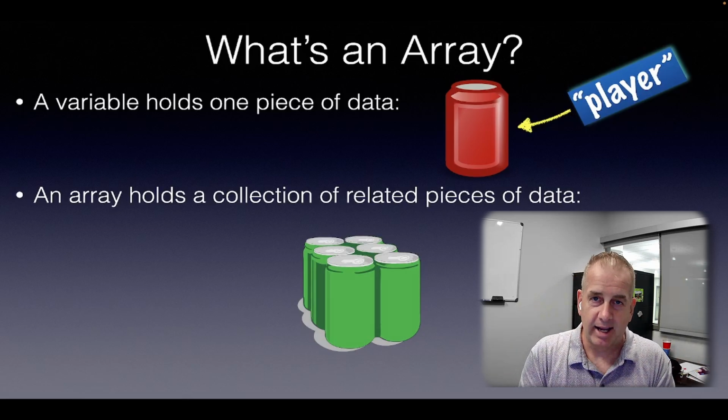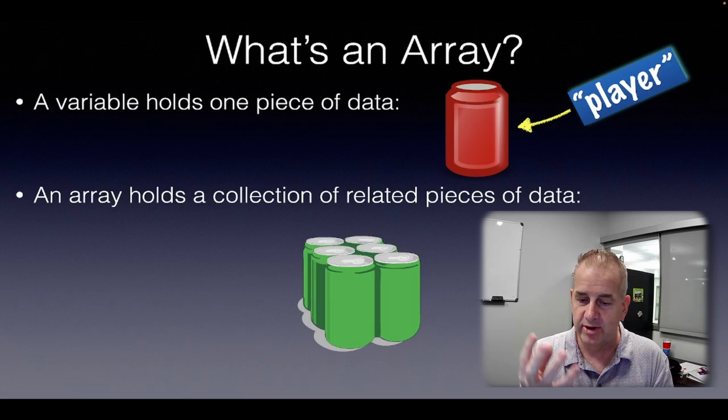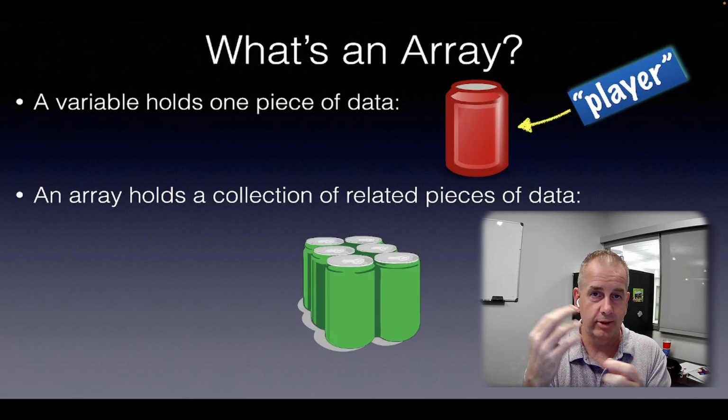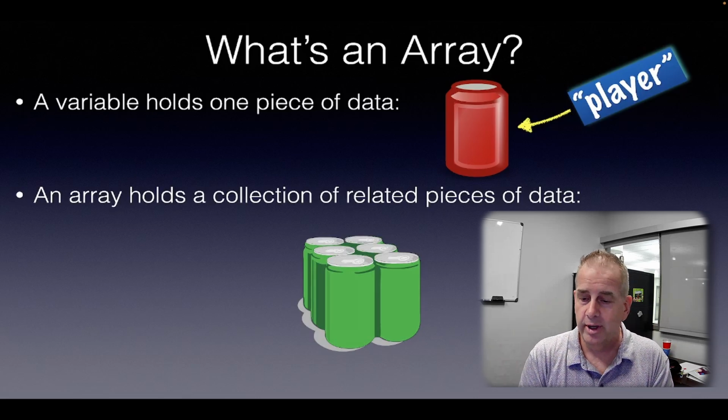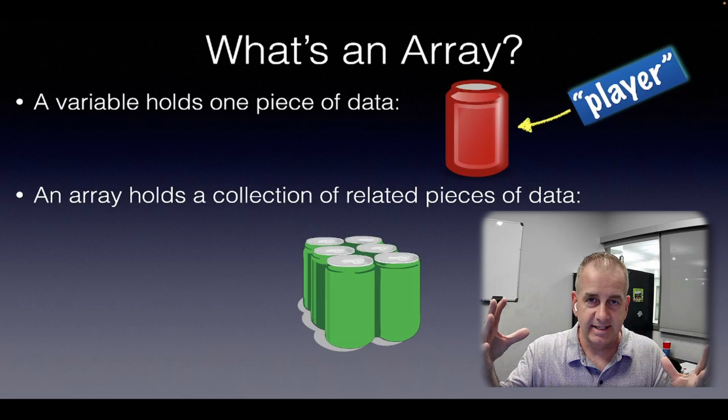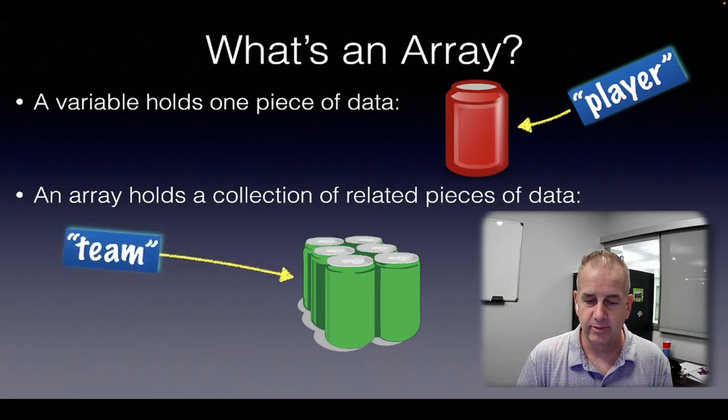Like a six pack, those individual cans are still going to have the same limitations of a variable. It can hold beer or it can hold soda, but it can't hold both. But now we've got a way to start dealing with bigger data sets than just one piece of information.